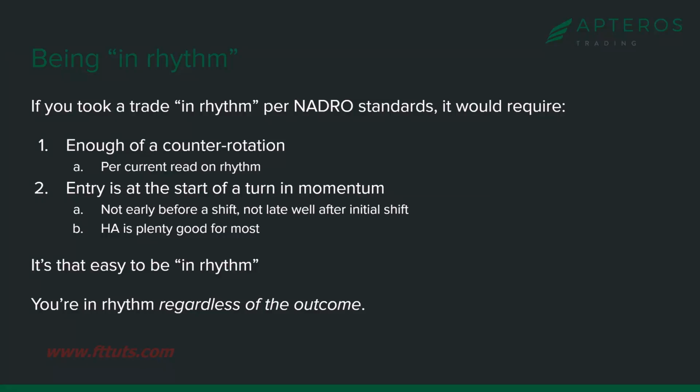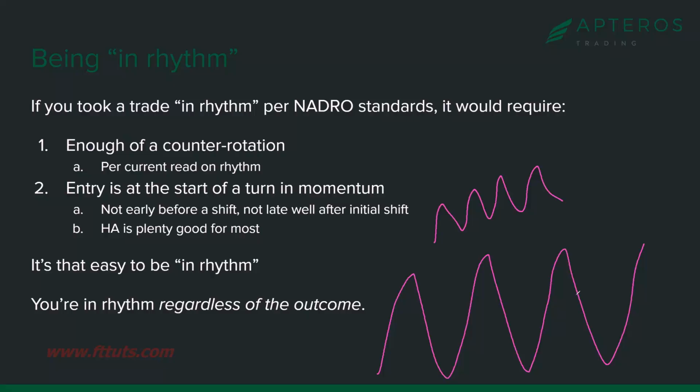It's going to require two things. Once you have a read on the general rhythm of the market, right? Is the market like this? Is the market like this? Just a general sense of the volatility and the rotation sizes you're seeing. Lord knows the past week or so, we've had to evolve in that sense, right?